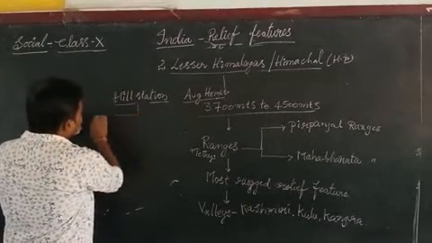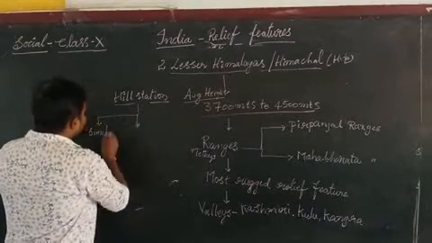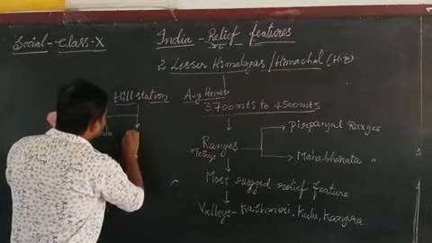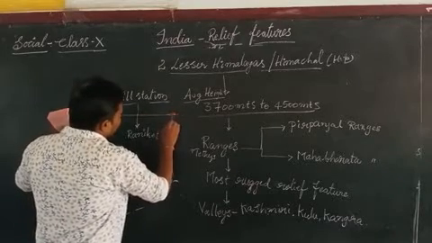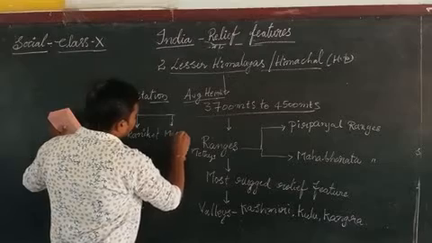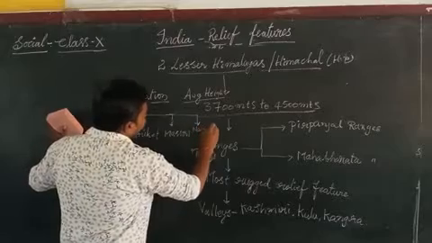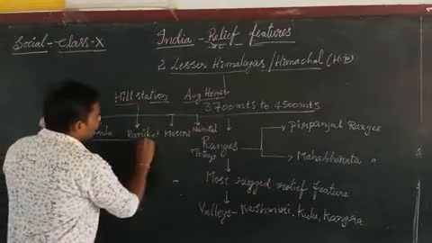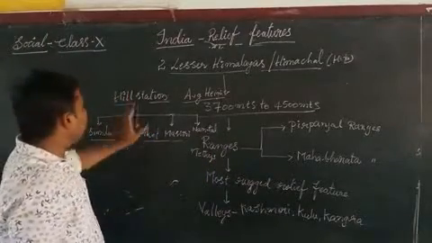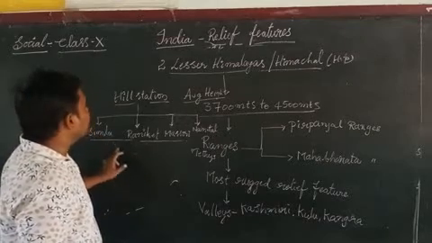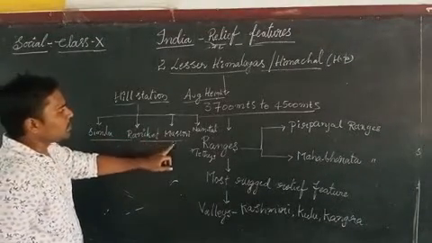They are Shimla, Ranikhet, Mussoorie, and Nainital.